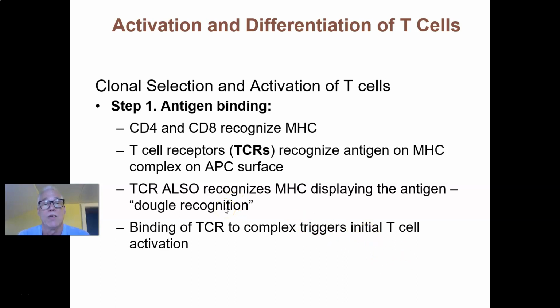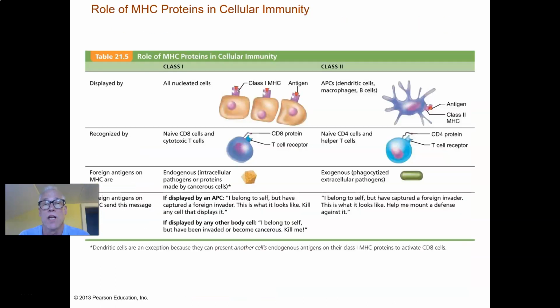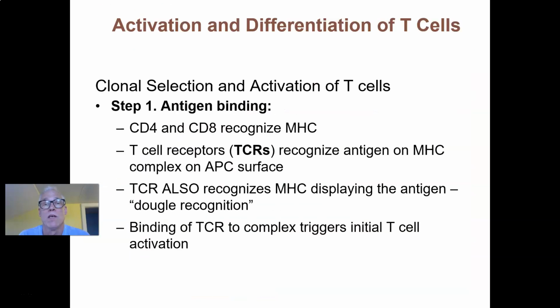The double recognition, this is something that we're sort of backtracking a little bit before we get back to co-stimulation. As we said in this slide, the unique T cell receptor on T lymphocytes that recognizes antigen fragments on MHCs also simultaneously recognizes the MHC. So unlike an antibody on a B cell that just recognizes antigen, these T cell receptors recognize both the specific antigen and also the MHC on which it's being displayed.